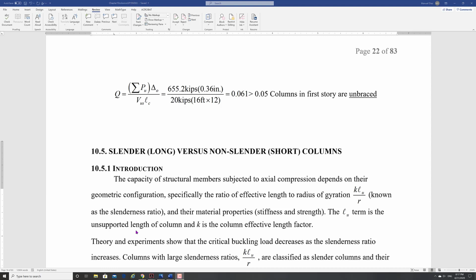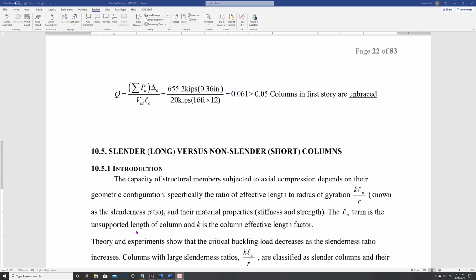So that's that. The K value is your column effective length factor. This is something that you should have seen for the first time in mechanics of solids. You took a steel design, you probably saw it there again.